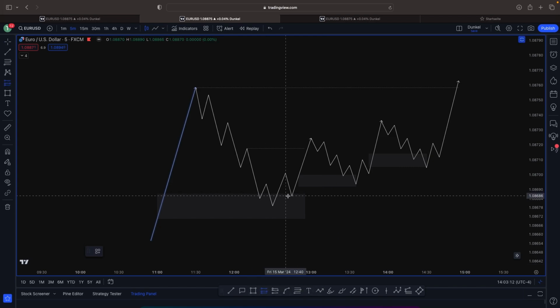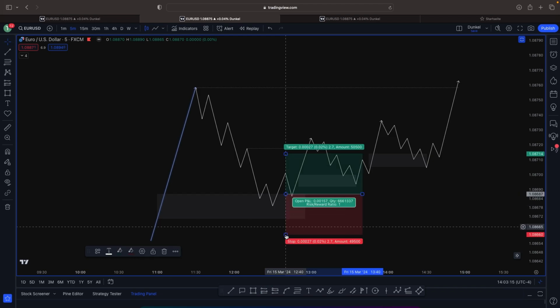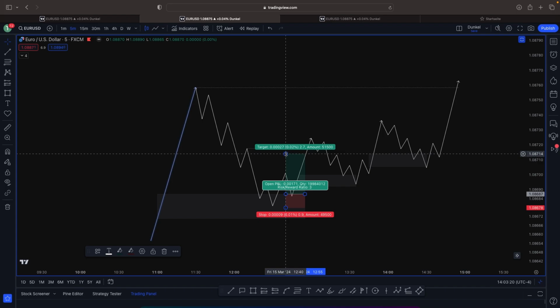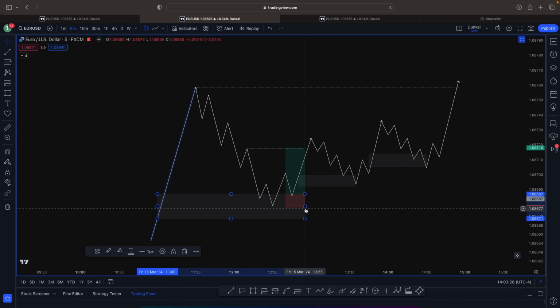The first entry would be right here at this smart money reversal, targeting this first engineered liquidity level.